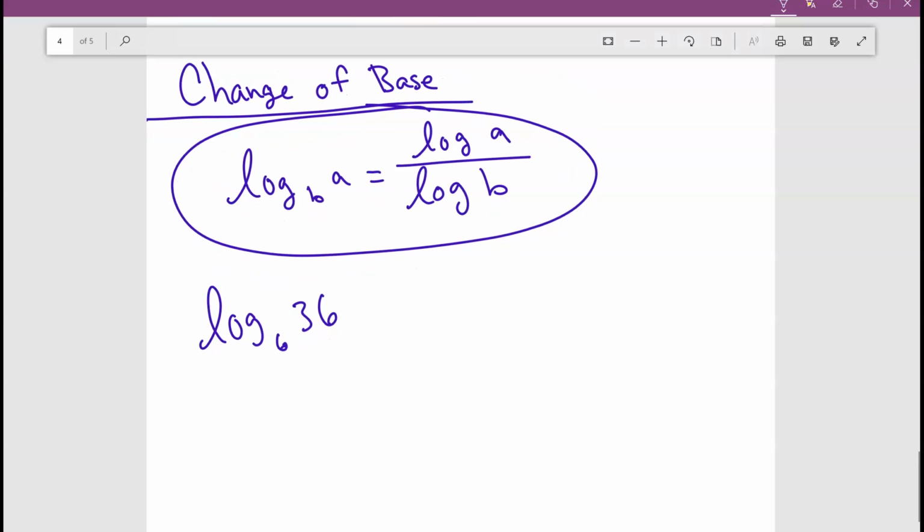What the change of base formula says is that you can take any log that you want, and I'm going to take the log of whatever a is, which is 36, and divide this by the log of 6. Every calculator should have base 10. And when you divide this, you should get 2.